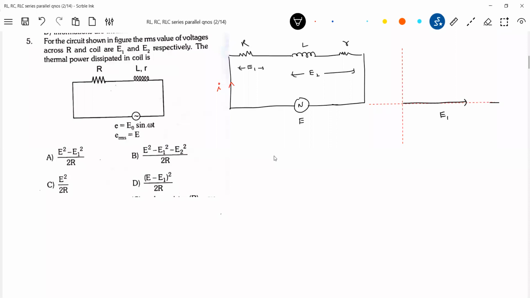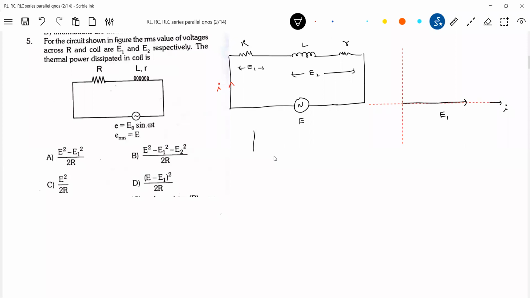This is I, flowing like this. In an RL circuit, called a lag circuit, the current lags the voltage. Therefore E2 should make an angle like this.